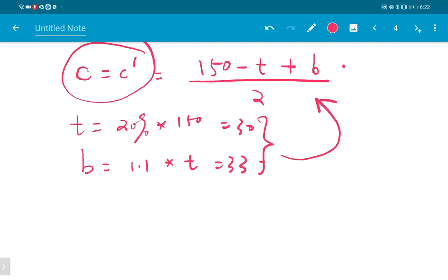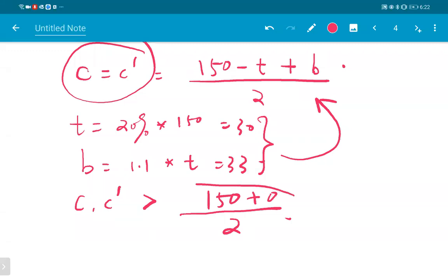With no surprise, you find that C and C prime are going to be greater than (150 plus 0) divided by 2. But what is this?